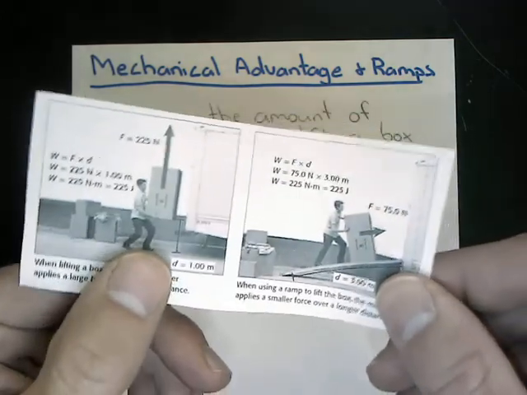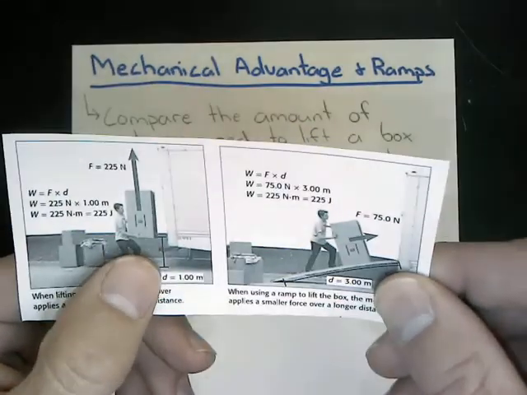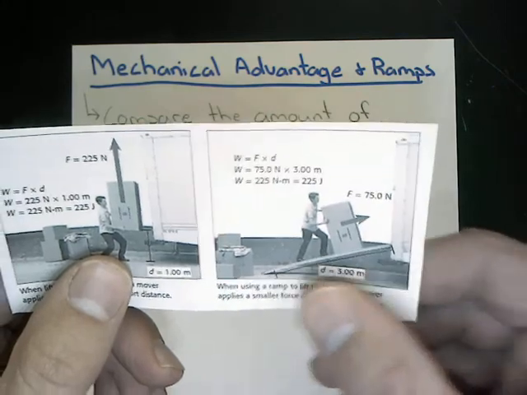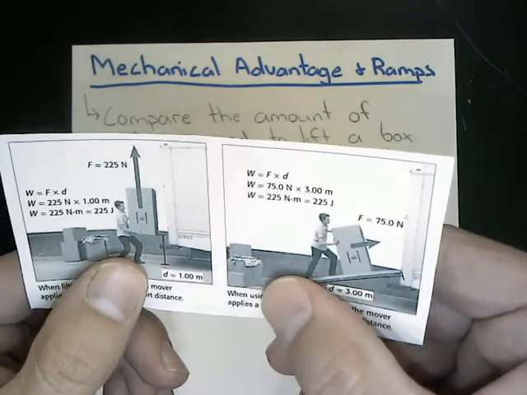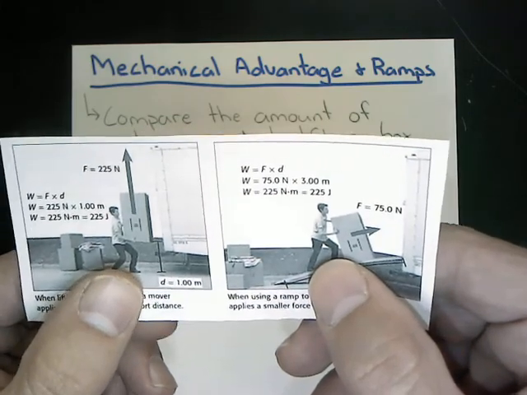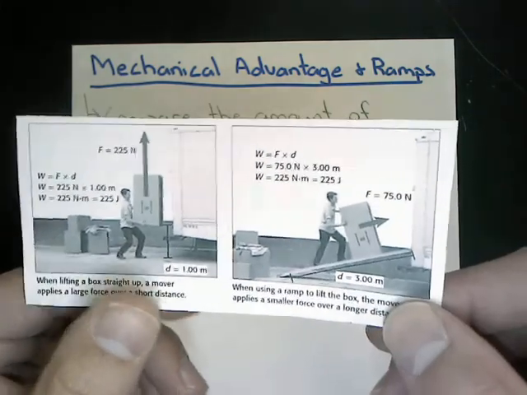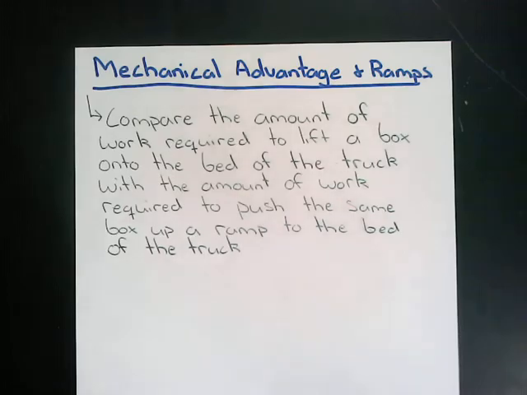Now notice here, the total distance is shorter when you lift it straight up, but if you spread that out over a longer distance on the ramp, your force is greatly reduced. So let's talk about moving the box straight up.